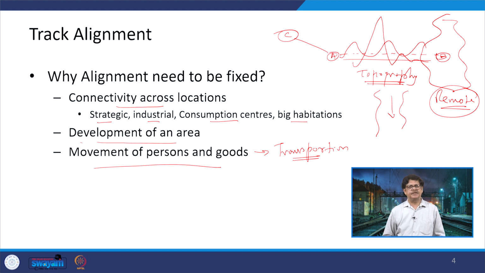So, there are reasons that we should go for alignment fixing. We should try to identify what should be the type of profile which needs to be provided between the two locations. So, considering all of these points, which are basically the broader points on why the things need to be done, we are moving forward with this particular understanding.